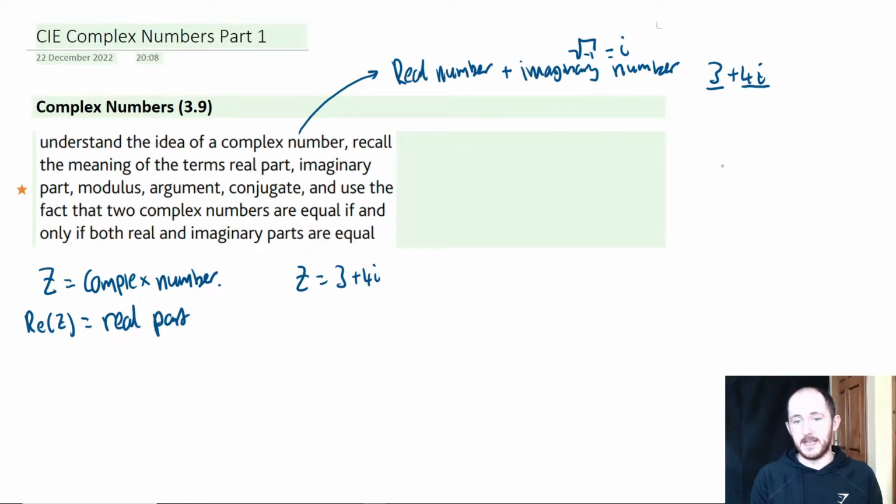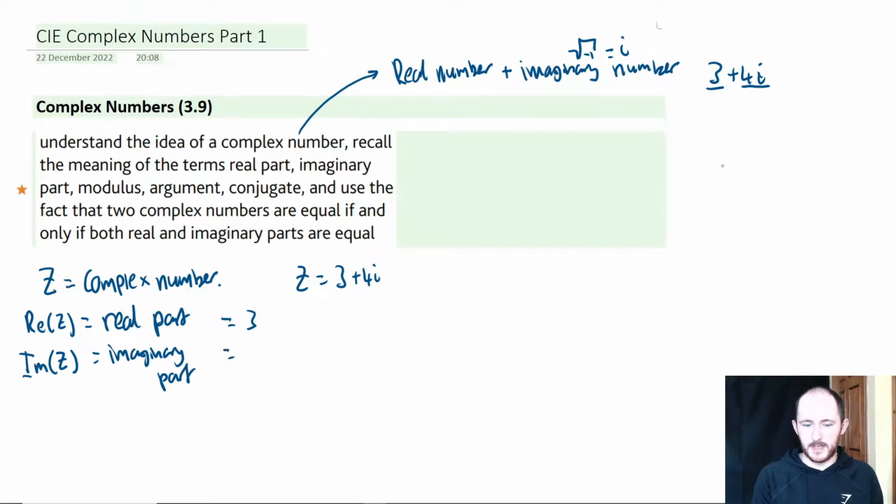So Re(z), the real part of it, would simply be 3. And then to denote the imaginary part, we'd say Im(z). That's the imaginary part, which in this case is just equal to 4. It's not equal to 4i, it's just 4, okay? So we're just looking at the actual numbers themselves.